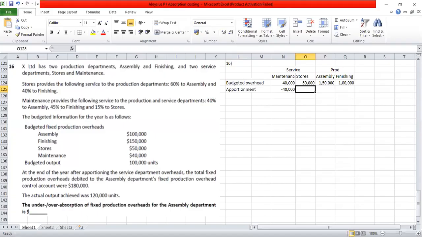So of this 40,000, what percentage goes to stores? 15% is equal to 40,000 into 15%. Then assembly it is 40%. So nothing is left in apportionment.